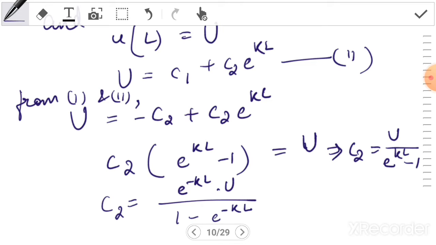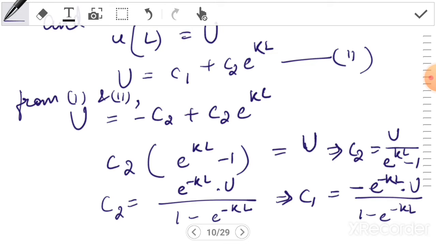Now c1 will be equal to minus c2, so minus e power minus kL times U by 1 minus e power minus kL. Okay.